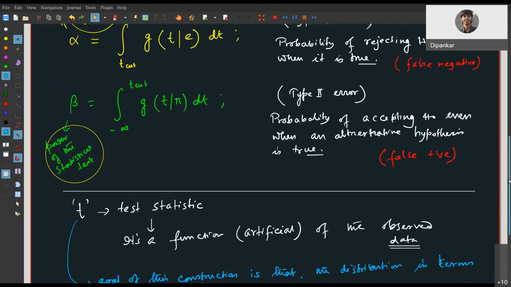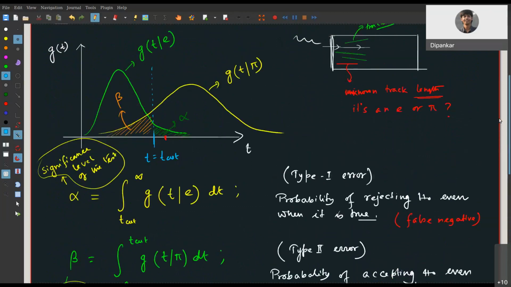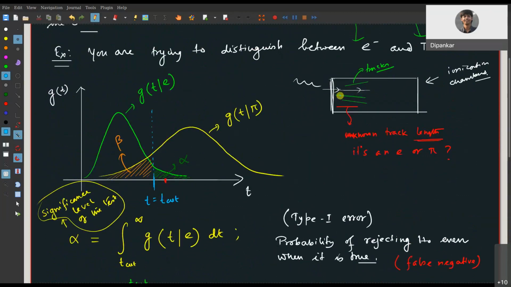The example I give you is a super simple one. So notice that the data you observe is an ionization length. Okay, let me call it x. Because the ionization length is only a single quantity that you are measuring inside the detector, let me call it x.